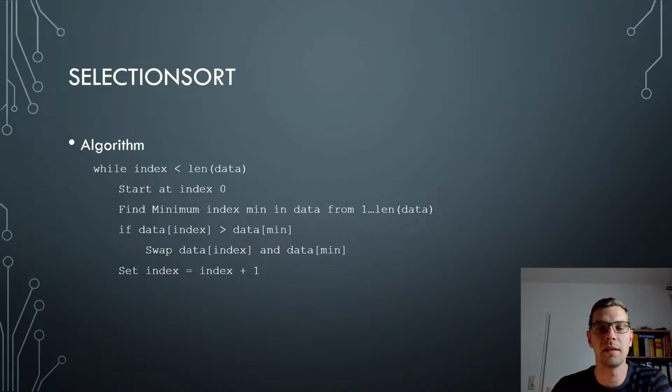In the second step, we set our index to the next position and then use the rest of the array. So basically we are sorting from the beginning: find the minimum and insert it at the beginning.